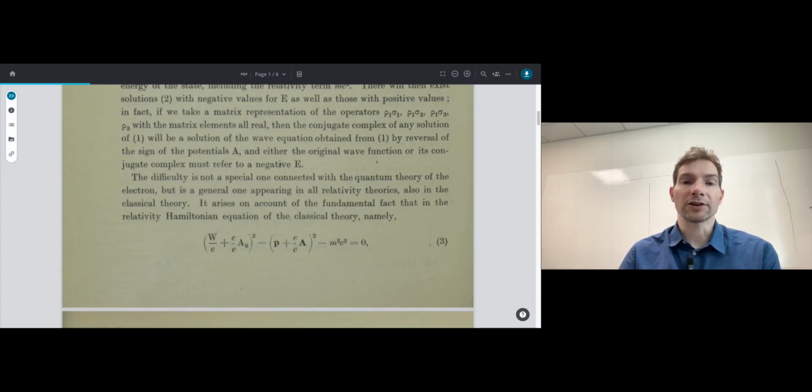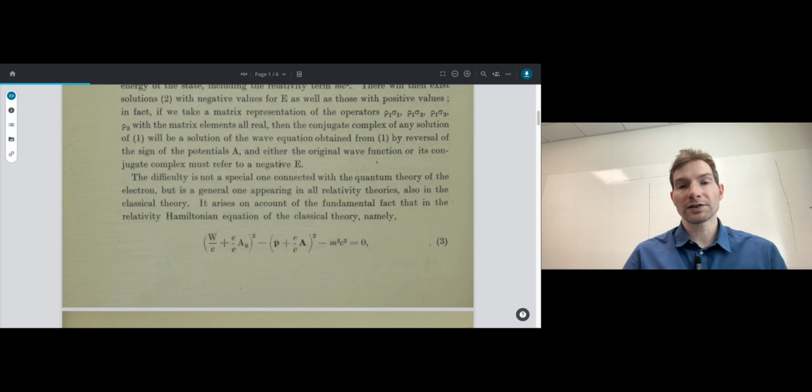This could be something found classically as well in relativistic Hamiltonian theory, which is what the Hamiltonian theory would give you in relativity.